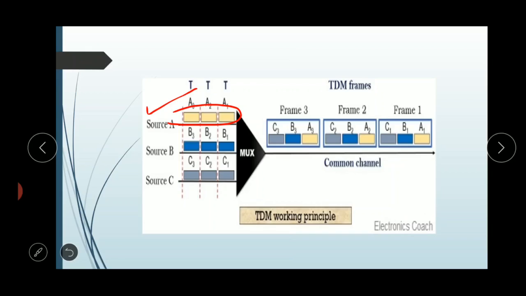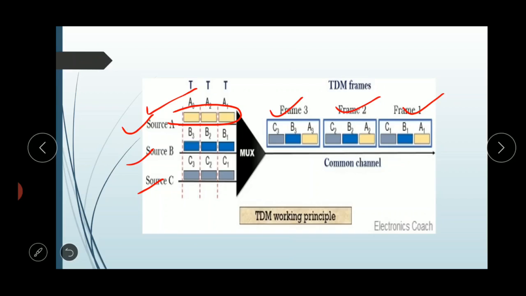So by taking one segment from each source, the multiplexer forms one frame. So here three frames are formed, as three sources are present and each source has three segments.